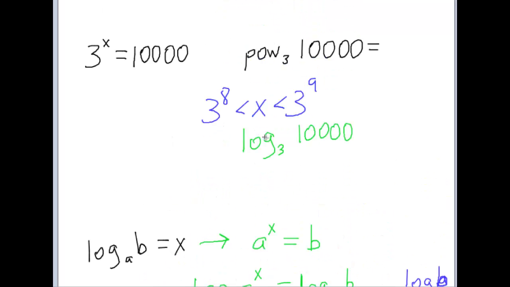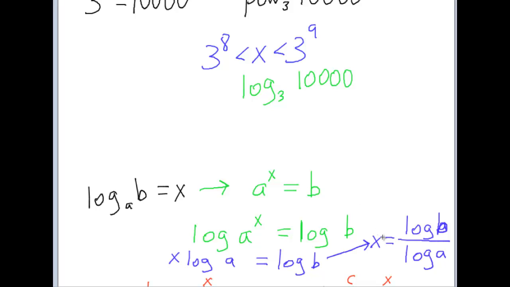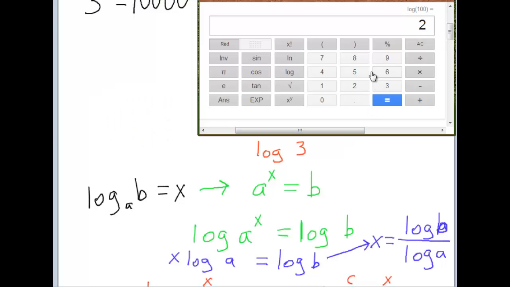So let's go back up to here. Our original problem was log base 3 of 10,000, which, using that rule we just wrote, is log base a of b is log of b over log of a. So this is equal to log of 10,000 divided by log of 3. So let's go to our calculator and check that out.